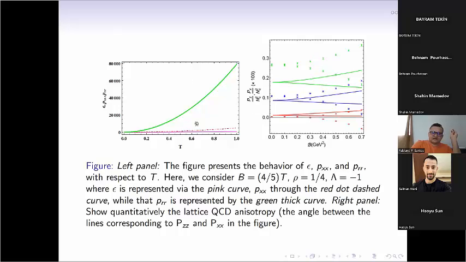If I try to see the behavior of the pressures, I have a good agreement with the QCD lattice. Of course, we are performing a mimic.